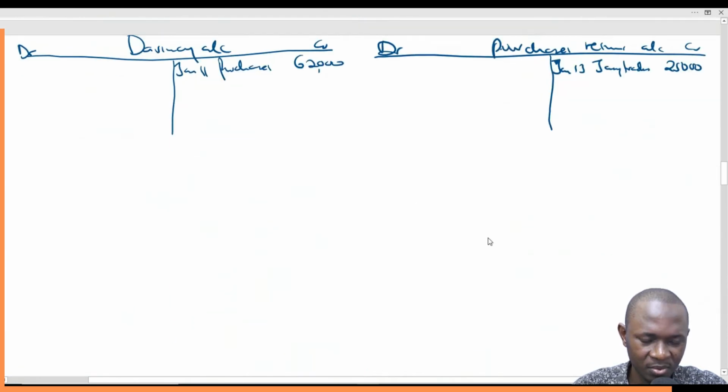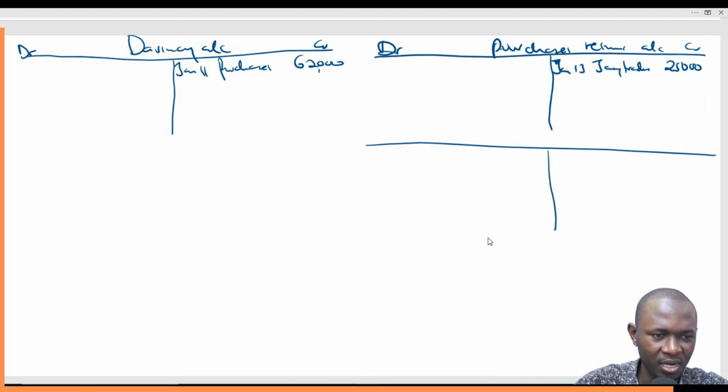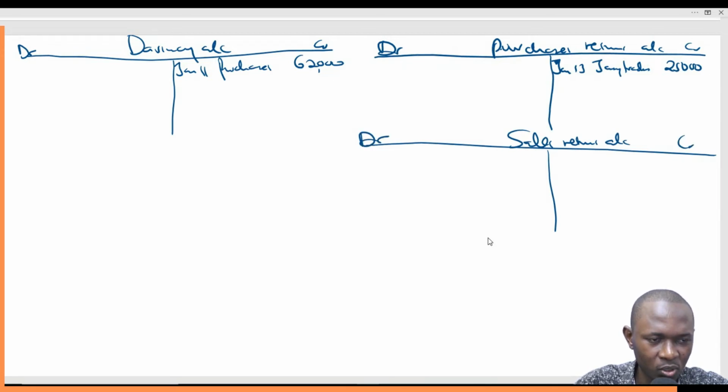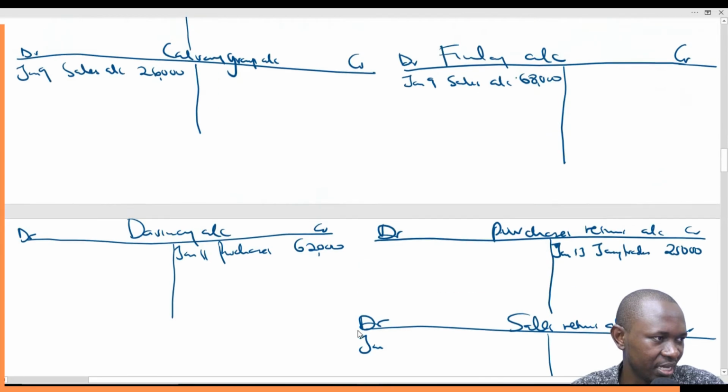So it's almost the same case, the opposite of this. Sales returns will come here and we open a sales returns account, credit and debit. When we are returning the sale, remember sales is a credit account, so it will definitely feature on the debit side.